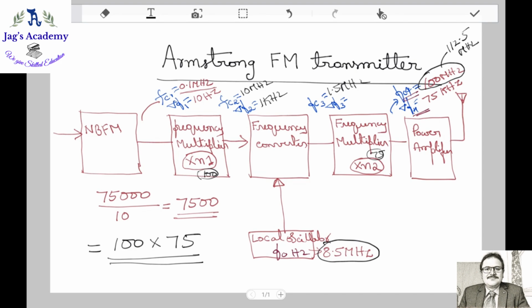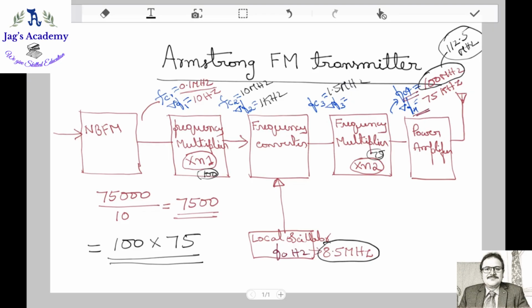The desired one is 100 megahertz. So our selection of N1 as 100 and N2 as 75 is not going to satisfy the requirement.